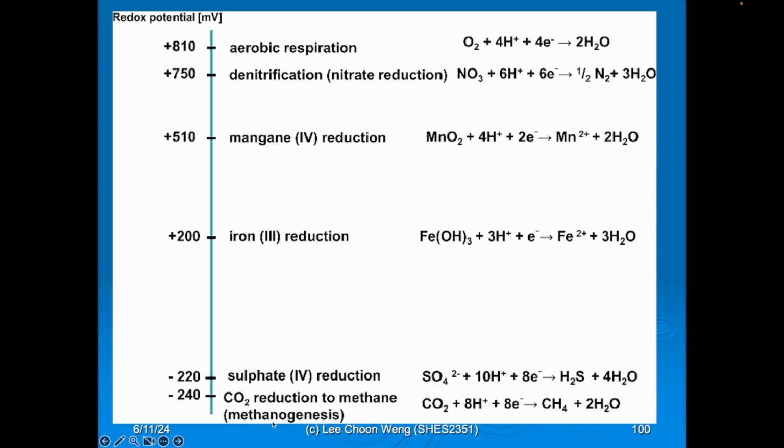So in an environment where possible, aerobic respiration will occur first, and when the oxygen level decreases to anaerobic levels, other processes can begin to occur. If nitrate is available, nitrate reduction occurs. Next, manganese, then iron, and finally methanogenesis.